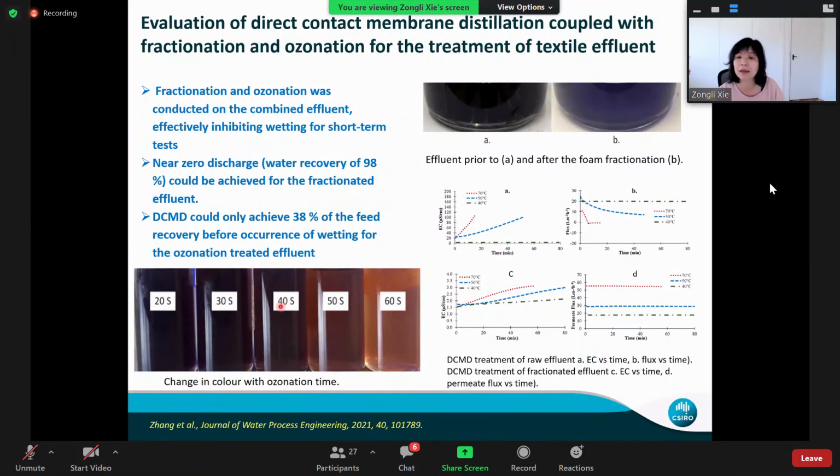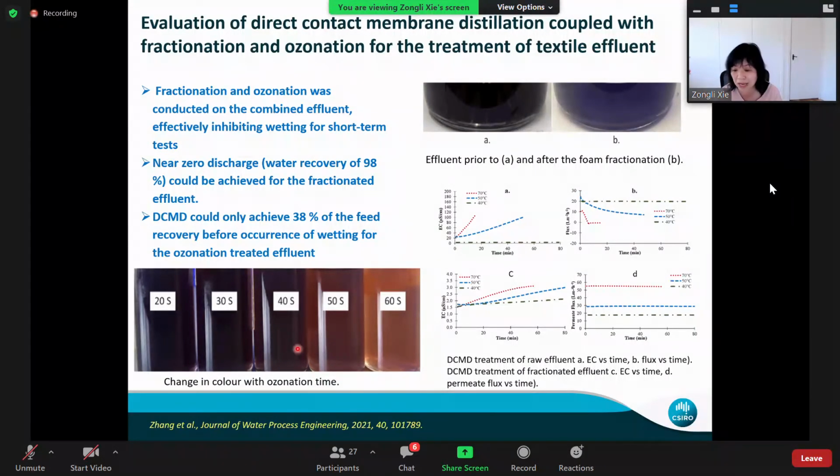The other work we did was ozonation, and ozone has a different effect. Ozone treatment removes the organics, including surfactant, but most importantly, it also removes the color.